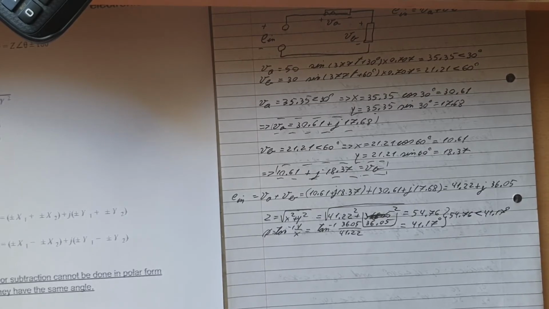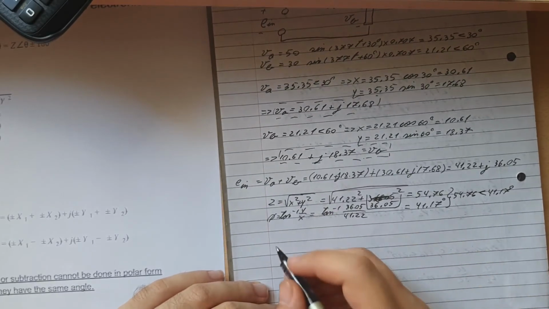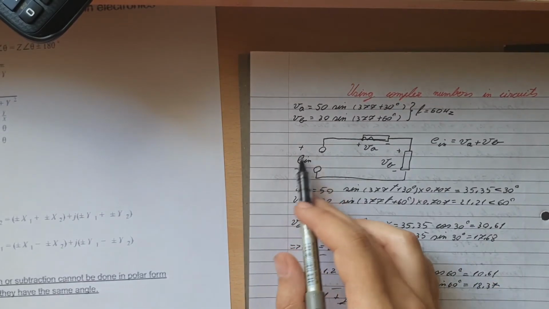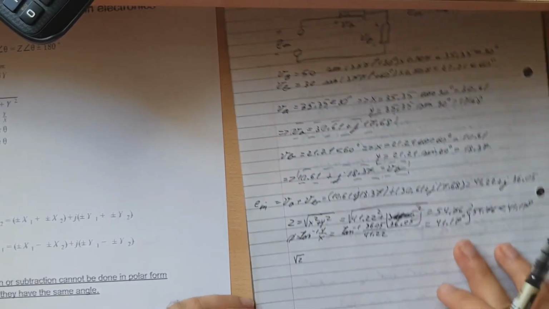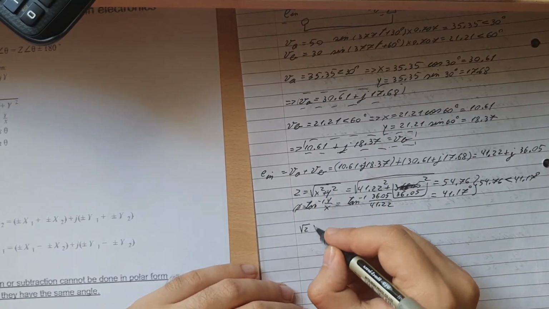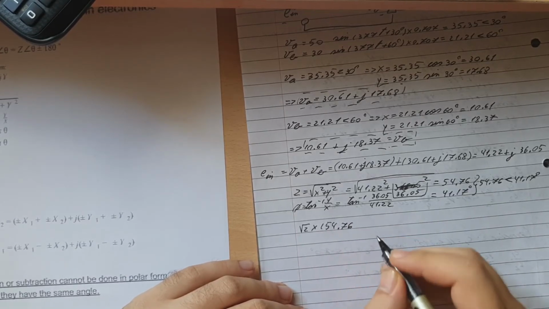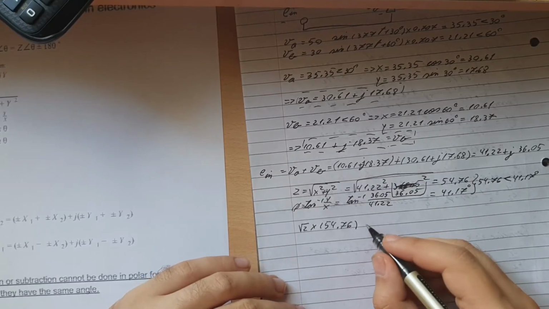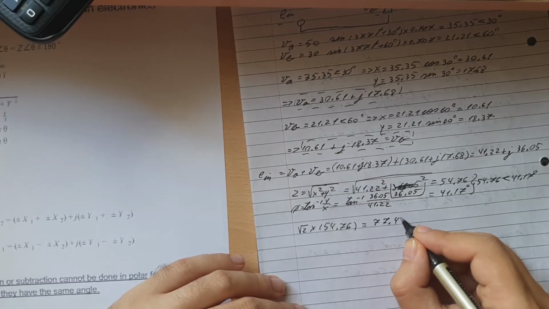The angle will always be 41.17 out of phase. But to know the actual value, the peak value, inside the equation with the angular velocity, you need to multiply square root 2 by 54.76, and that one will be equal with 77.43.